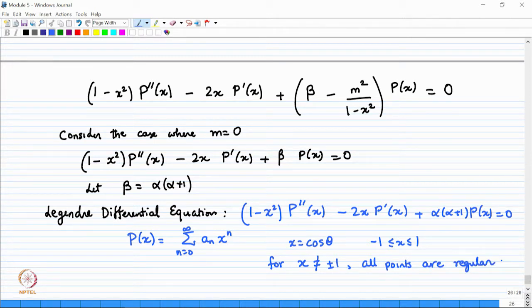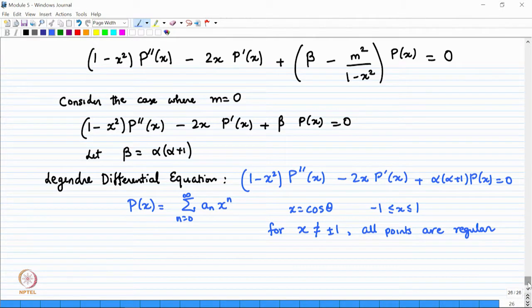So, any point except x equal to plus minus 1 is a regular point. That means where we are interested, that is minus 1 to 1, except at the boundaries, all the points are regular points and not singular points. So, we can write the solution in this form as an ordinary power series without the x raised to r term.